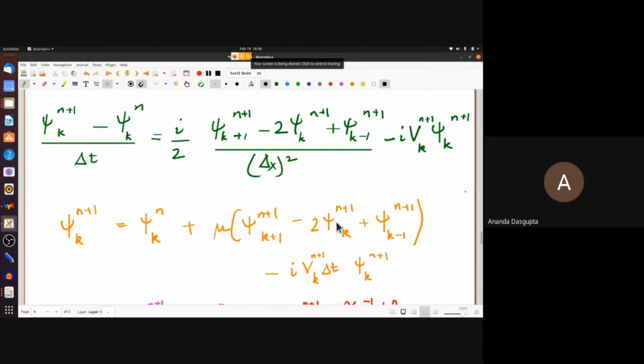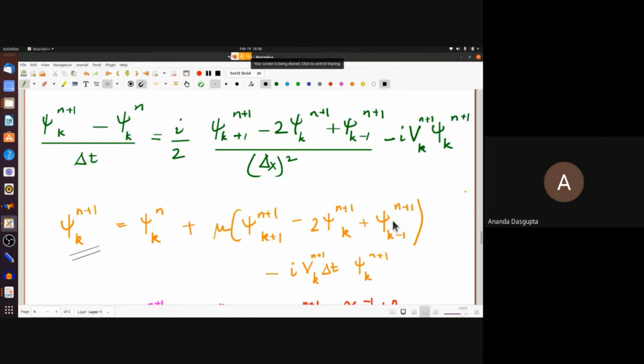So I just rewrite this by multiplying by delta t, pulling the psi k into the other side and so on. Straightforward. The only problem is here on the right hand side you have all the psi k n plus 1s, right? So this is not a formula for calculating psi k n plus 1 because psi k n plus 1s are there both on the left and on the right.